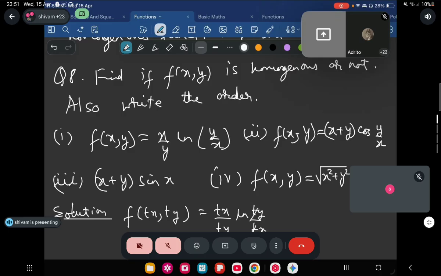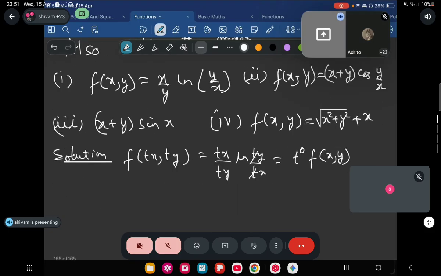So t gets cancelled, over here also t gets cancelled. Basically, you are going to get t to the power 0 into f of x comma y. So see everyone, this implies f is homogeneous of order 0.